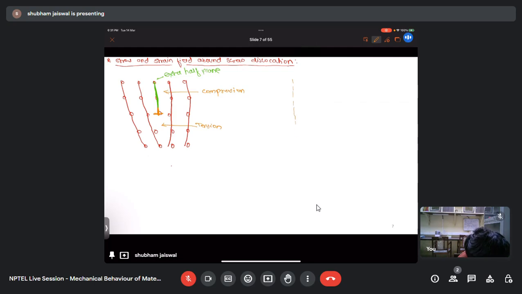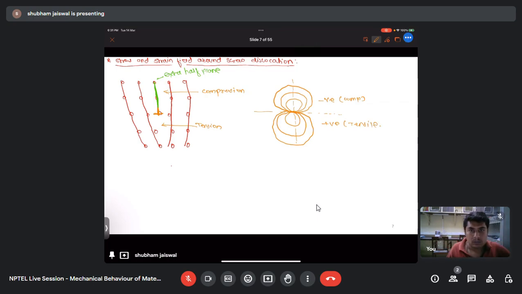So if we represent it, this is the negative stress, compressive, and this is the positive, that is the tensile stress. So this is a quick introduction to the stresses caused by the dislocation.